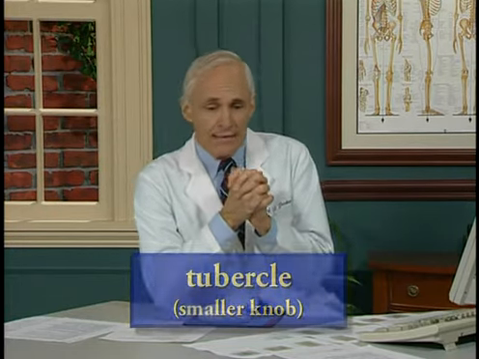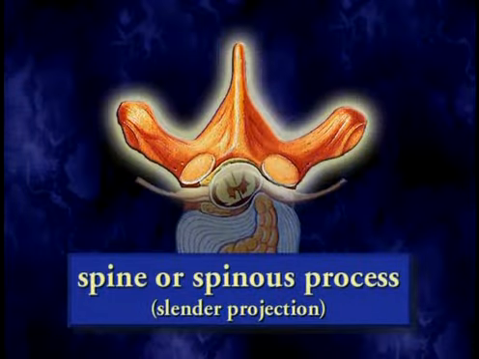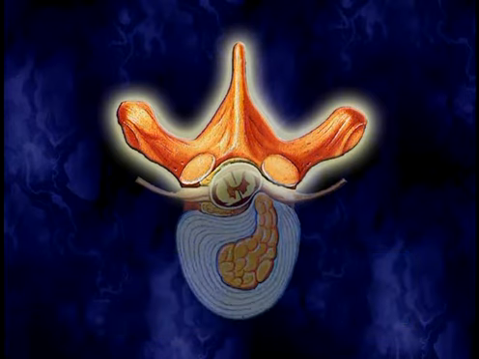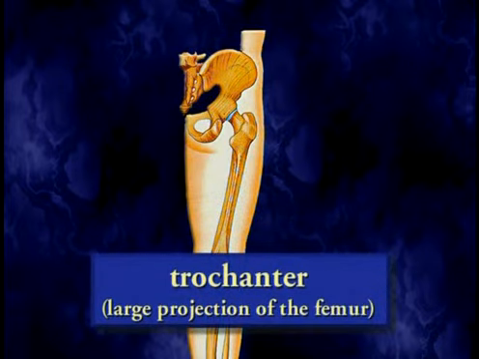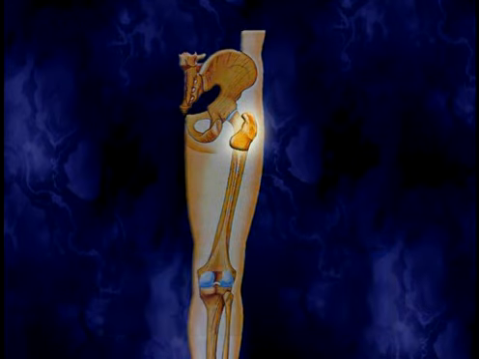We have spines and spinous processes, which we've also seen before, and those are the long, thin blade that comes out the back of a bone. And there are many of them in the body. We also have something called a trochanter, and the trochanter is especially important in the hip bone. Here is the trochanter on the hip.